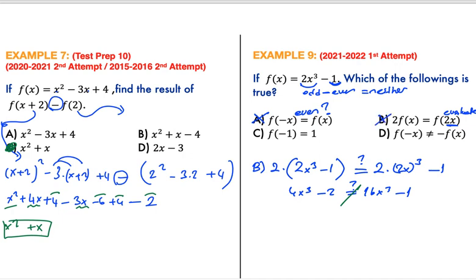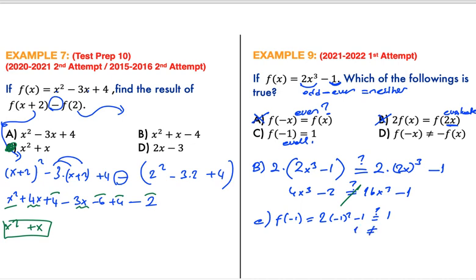Option C, f of minus 1 is 1. This is also evaluating functions. Let's evaluate this. Option C. F of minus 1. Replace your x with minus 1. So plug in minus 1 and see if the result is 1. Minus 1 squared is 1. 2 minus 1 is 1.